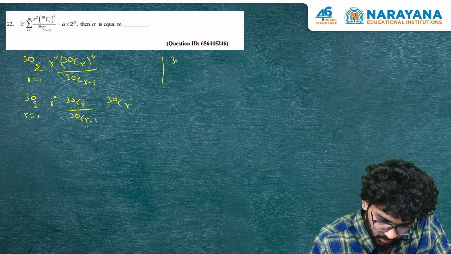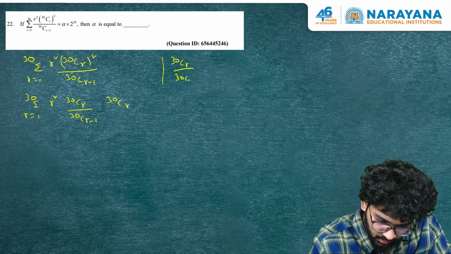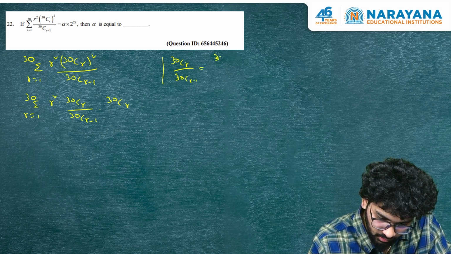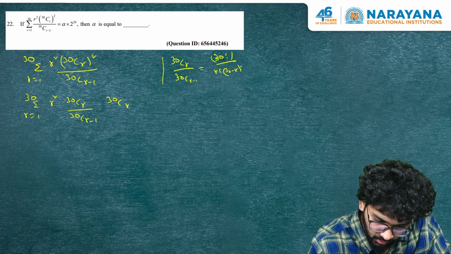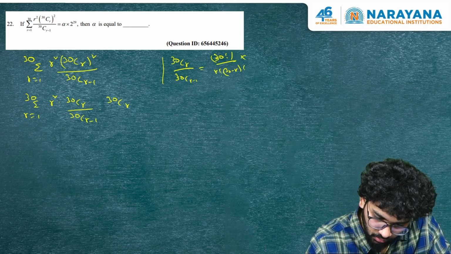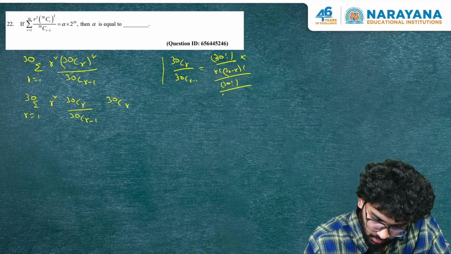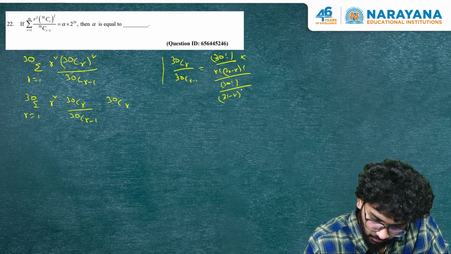So if you see this, 30 cr by 30 cr minus 1 is nothing but 30 factorial by r factorial into 30 minus r factorial divided by 30 factorial by 31 minus r factorial into r minus 1 factorial.